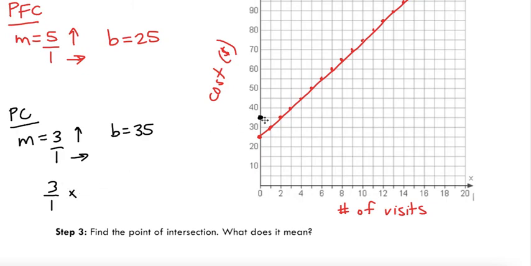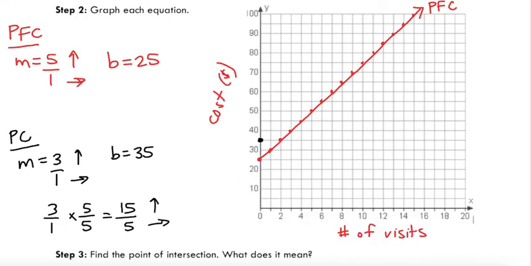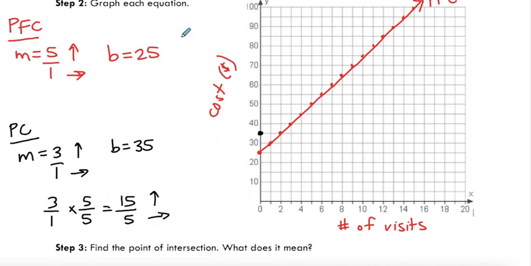Because I want a multiple of 5, why don't we multiply both our numerator and our denominator by 5 to get a new slope that's equivalent to 3 over 1. So 3 times 5 is 15, and 1 times 5 is 5. This means that I go up 15 units and to the right 5. So when I'm looking for my other points, that's what I'm going to do. That's a good hack to do.